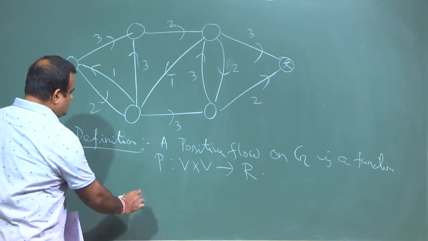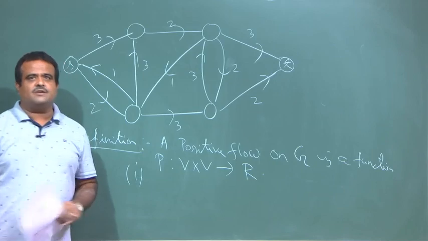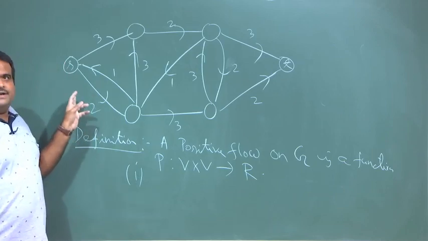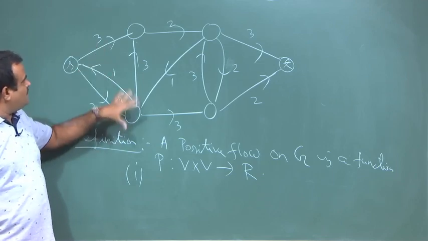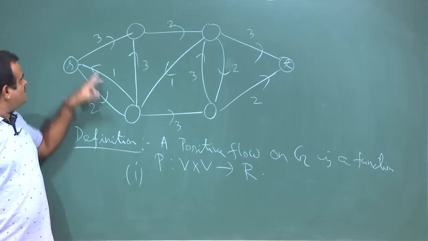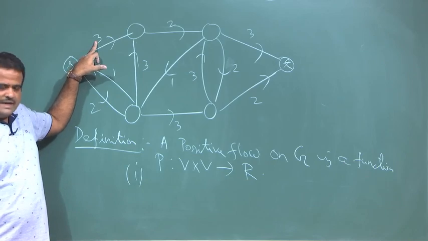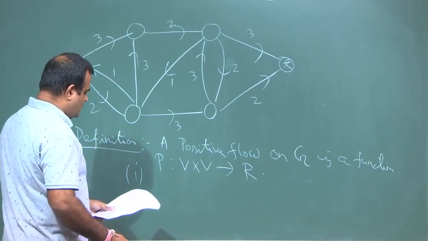The first condition is called the capacity constraint. So, we want to flow some current. Say these are the capacities of each wire. Now, we want to flow some current. Obviously, if the capacity is 3, then we cannot flow more than 3. So, that is the first condition. This is called the capacity constraint.